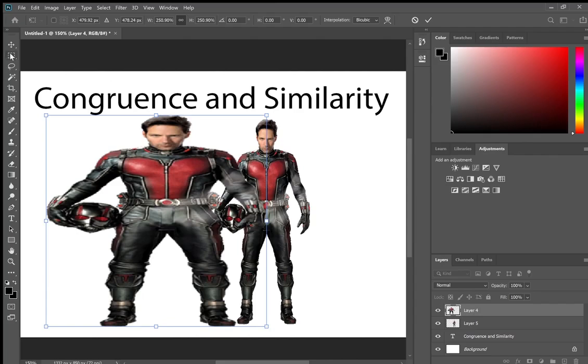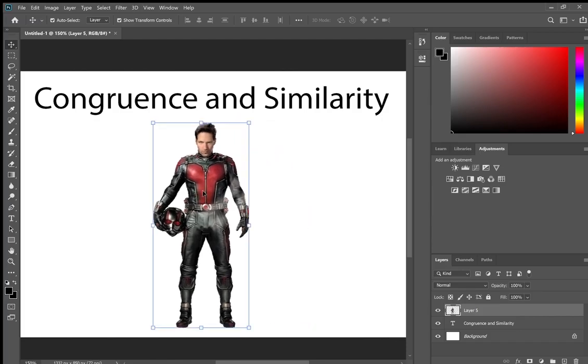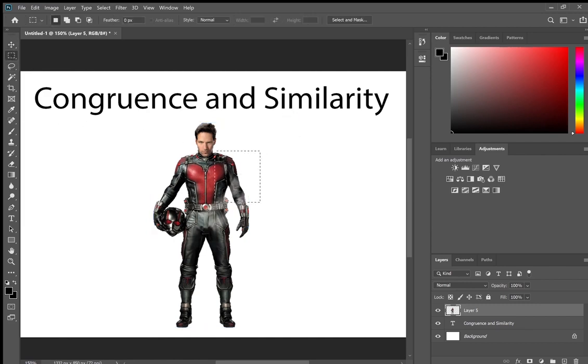Another way that you can mess up similarity is by not changing everything in the same proportion. So for example, if I were to take just Ant-Man's body and the lower part of his head, that's not quite what I was going for. Yeah, there we go.